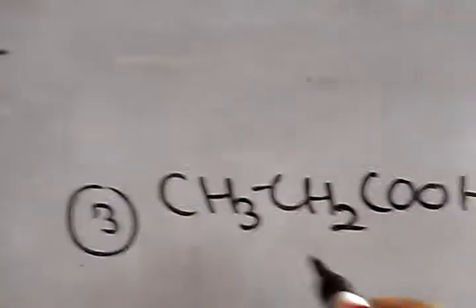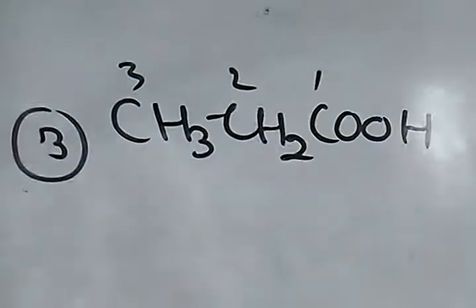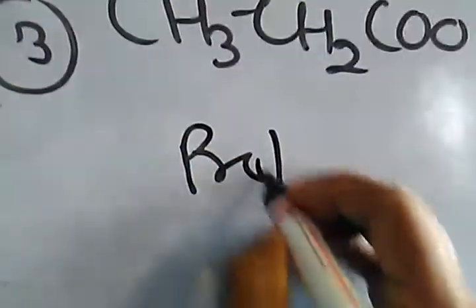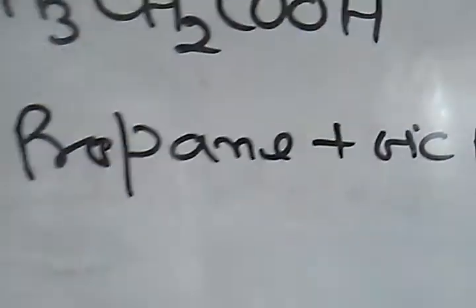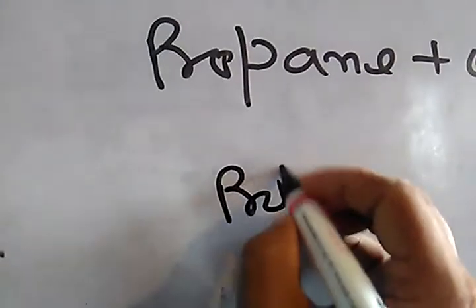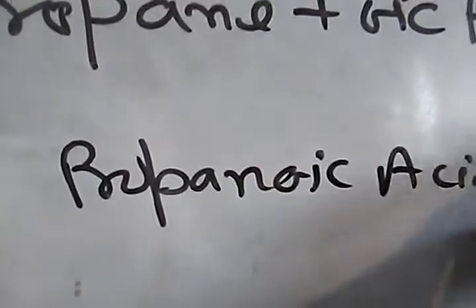Next example is CH3CH2COOH. 1, 2, 3. There are 3 carbon atoms. That's why propane plus oic acid, and IUPAC name will be propanoic acid.